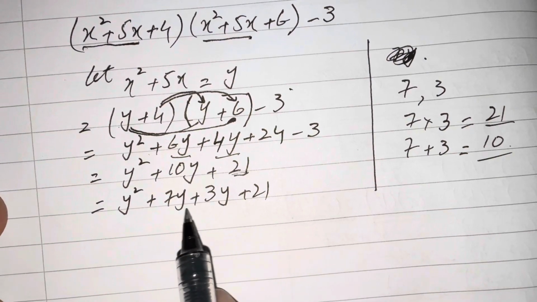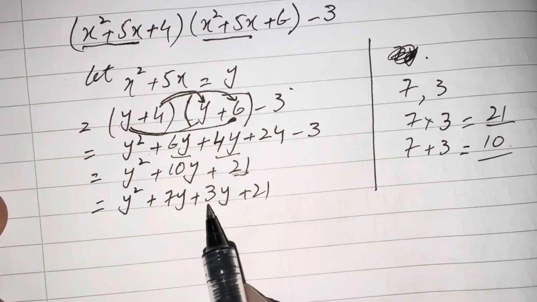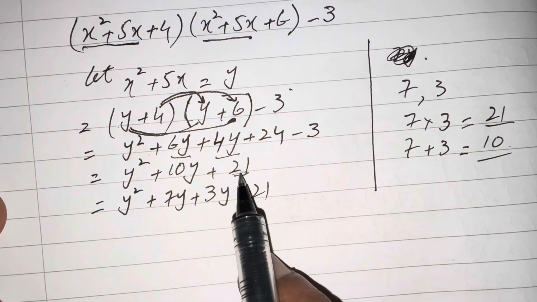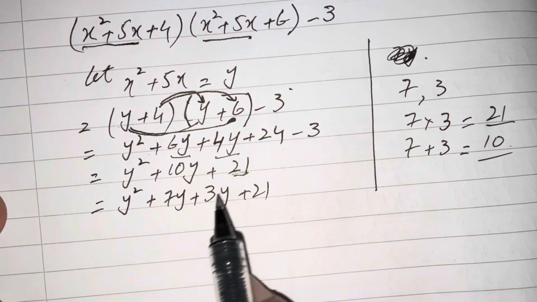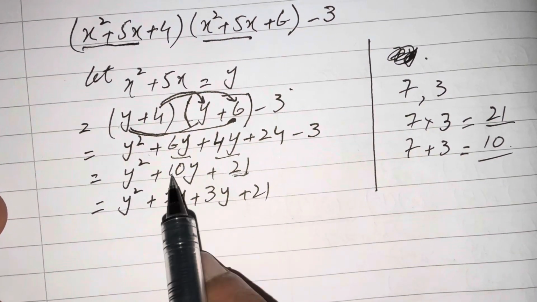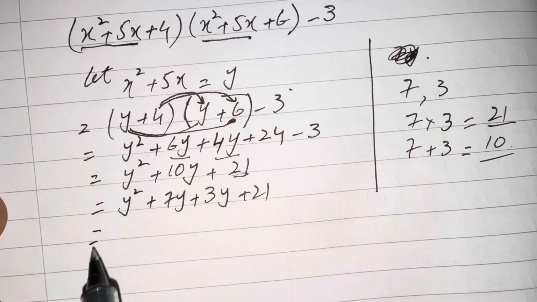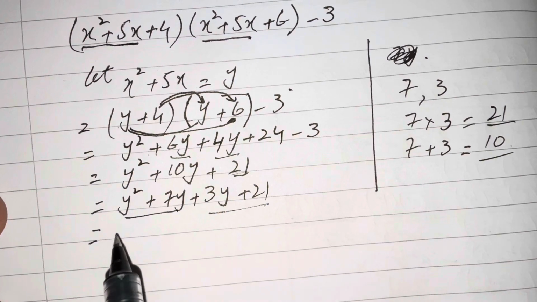So we have found the two numbers 7 and 3: 7 threes are 21, and 7 plus 3 is 10.